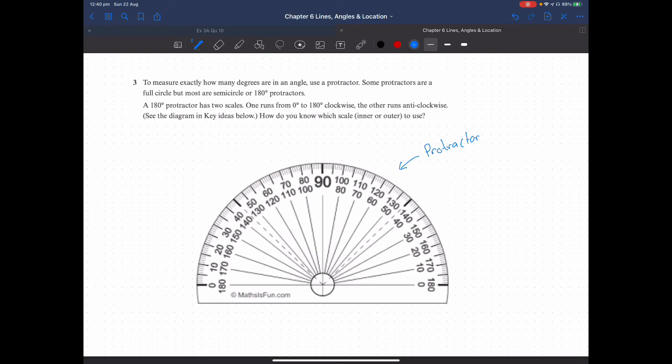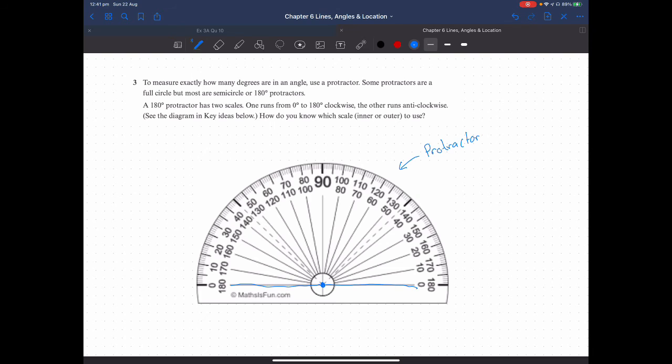So if we look at this, there is a center which we put over a point. We move the straight line, which I'm marking in blue, either end of that straight line onto the line where the point starts, and then we measure the angle of the second line.